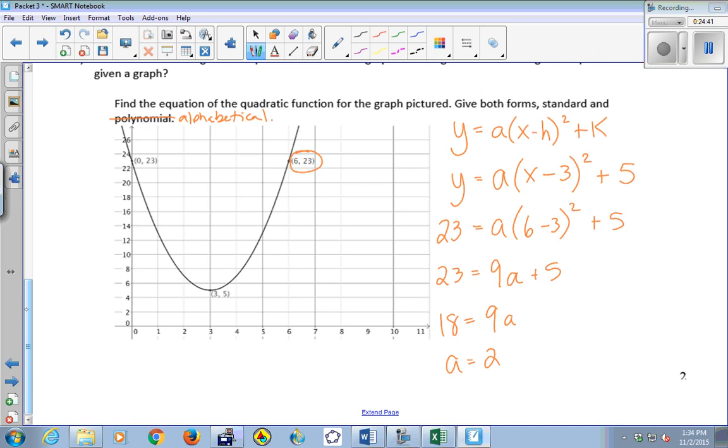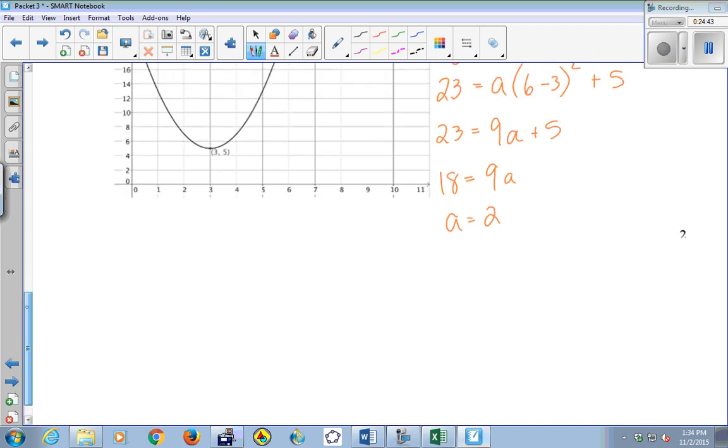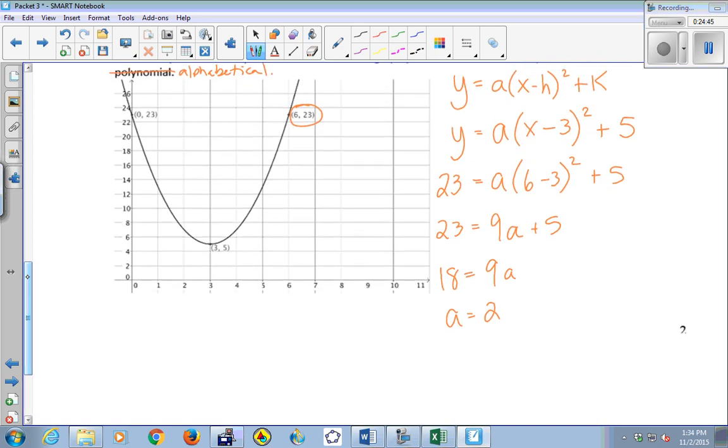So I'm almost done. My final equation is going to be y equals, I'm just plugging into the standard form, replace the a with a 2, the h with a 3, and the k with a 5. And x and y should stay x and y, because those are the variables.